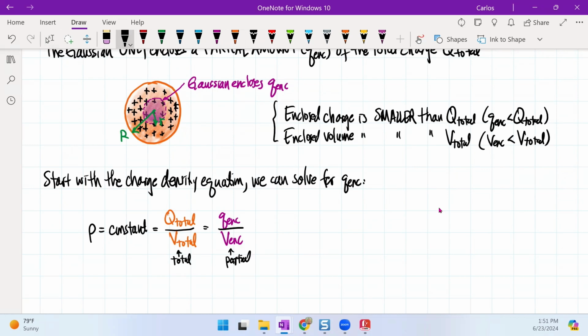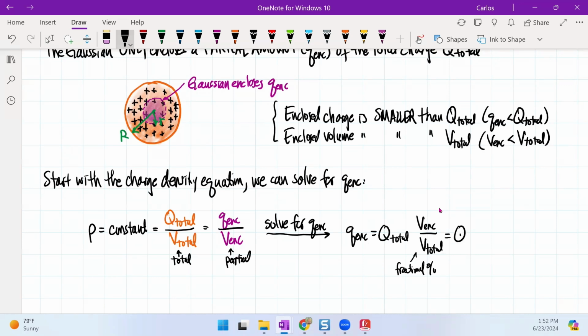Now I'm going to solve for Q enclosed. Q enclosed is going to be the total charge times V enclosed over V total. Right there, you can see this is a fractional percentage telling you it's going to be less than 1.